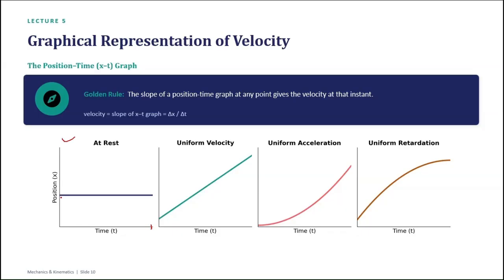The time is ticking, but the position is not changing. So we can say that the object is at rest. This graph shows us that the object is at rest.